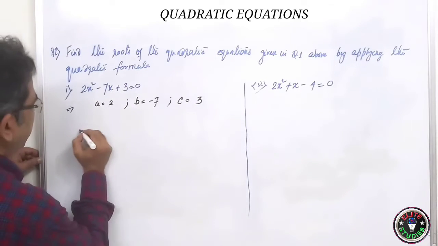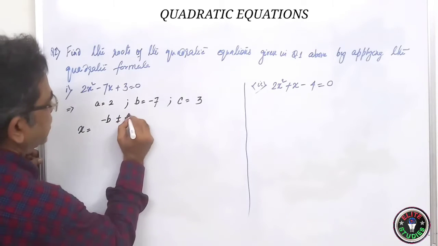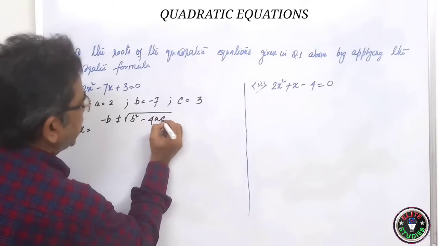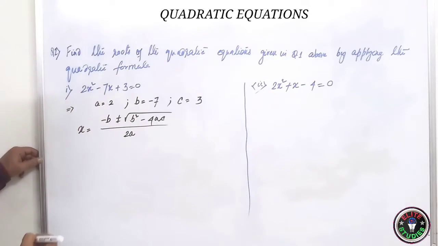Now, what is the formula? x is equal to minus b plus minus root over of b square minus 4ac by 2a.